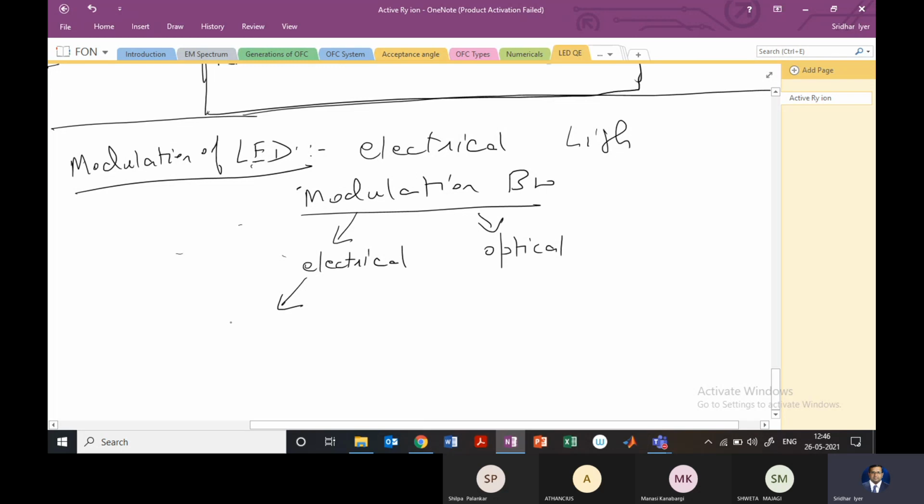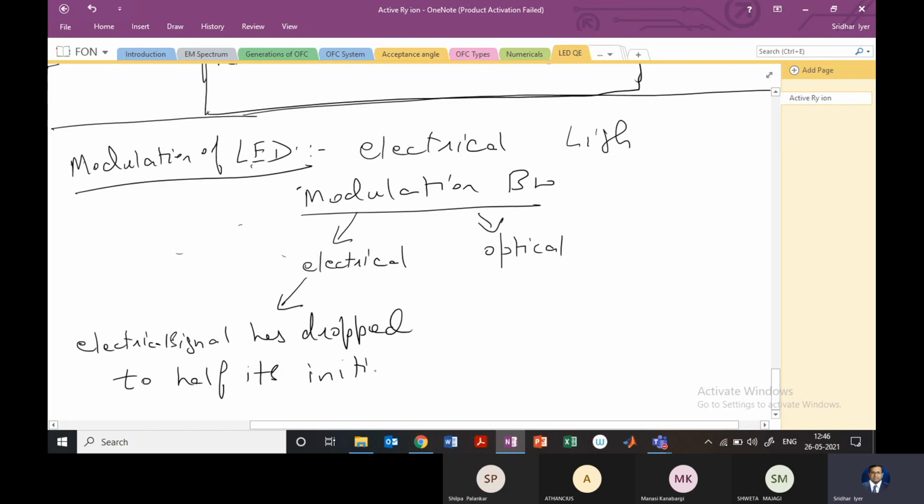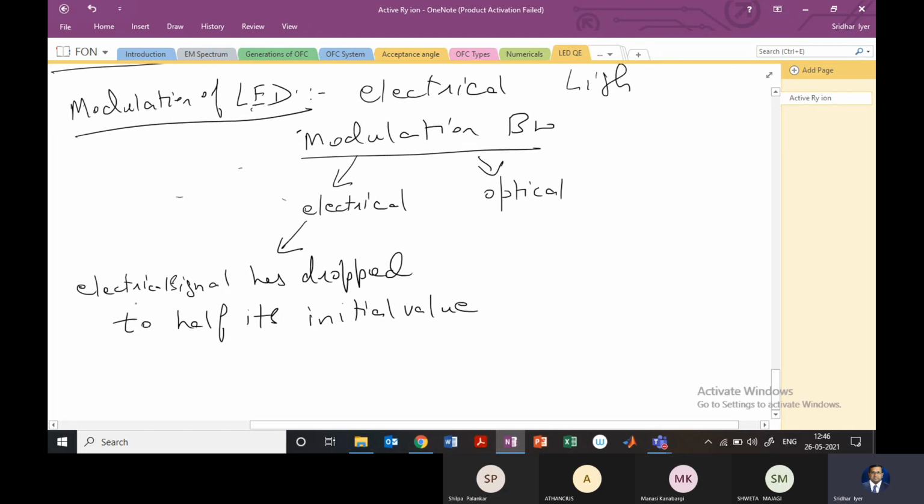And with the electrical definition, you must know from subjects in third semester where you have dealt with electronics, we are always interested in where the electrical signal has dropped to half its initial value. Okay, so we call this the half power point, or in the log system we call it the 3 dB point. Why do we call it the 3 dB point?